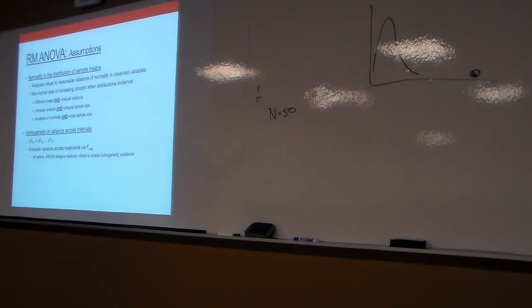Because my data are different shapes, they're going in different directions, and I've got violations of homogeneity of variance, which is going to be a problem.